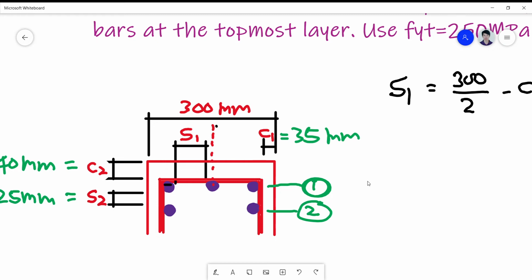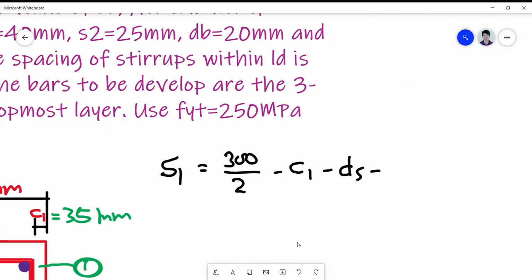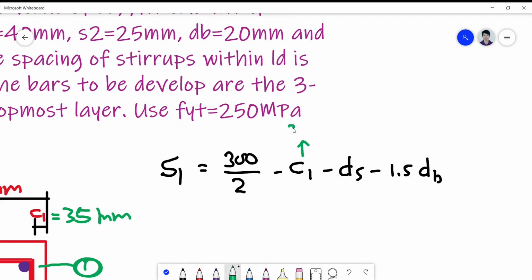Okay, so this is minus 1.5 of the bar diameter. Okay, we can plug in now the values of C1, which is 35. Okay, ds is 10 and the bar diameter is 20.